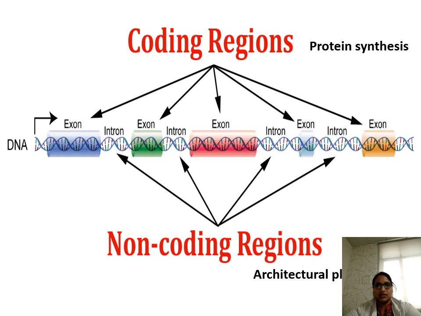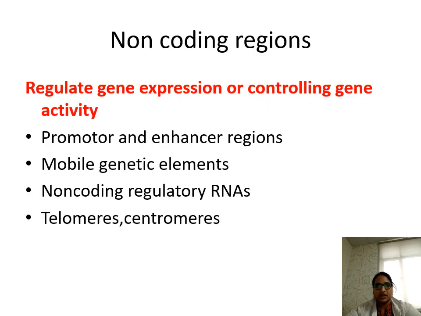The coding regions help in protein synthesis, and the non-coding regions help in the architectural planning. And the non-coding regions regulate the gene expression or control the genetic activity. The following are included in it: promoter and enhancer regions, mobile genetic elements, non-coding regulatory RNAs, telomeres, and centromeres.